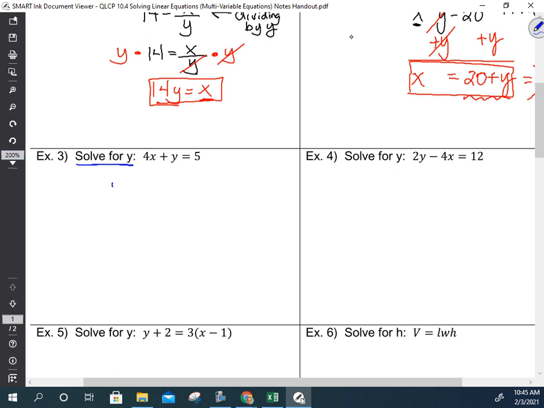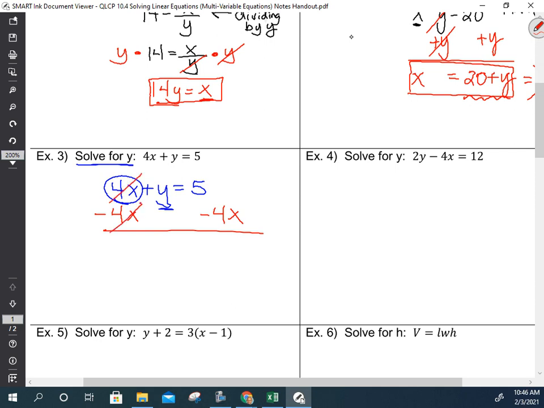So 4x plus y equals 5. So I want to get y by itself. That means this 4x has to go. Subtract 4x from both sides, absolutely. So 4x minus 4x is 0, so it's gone.